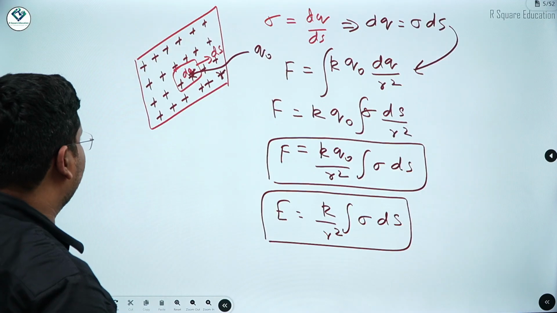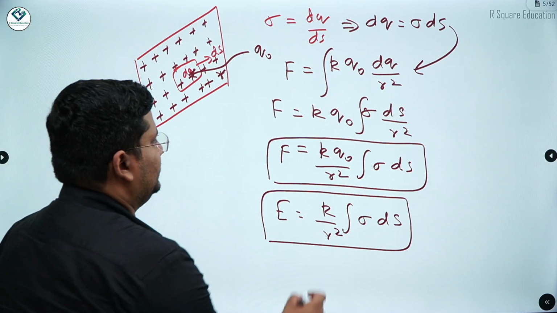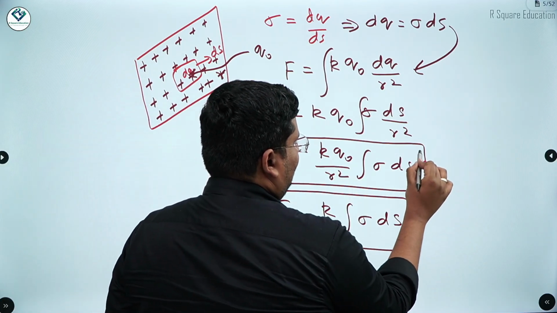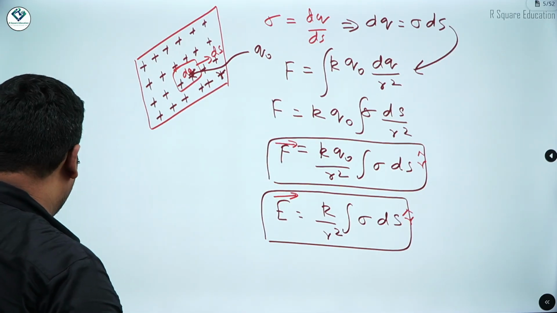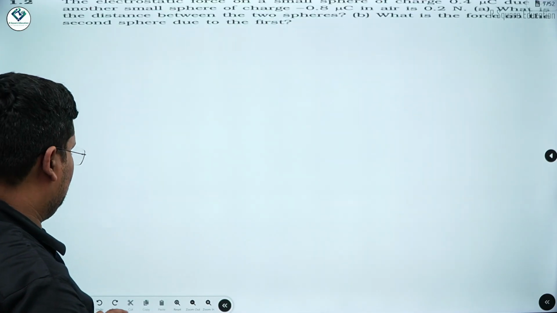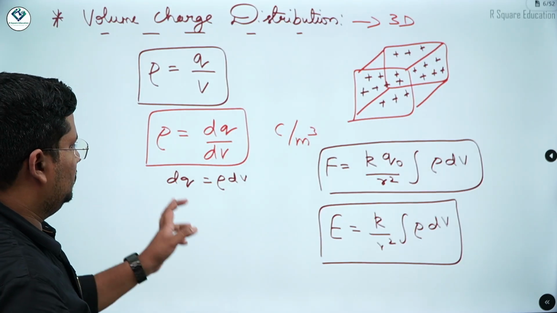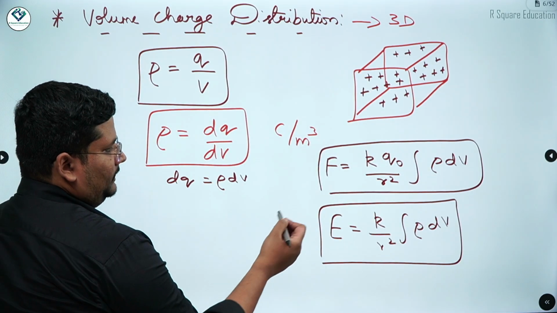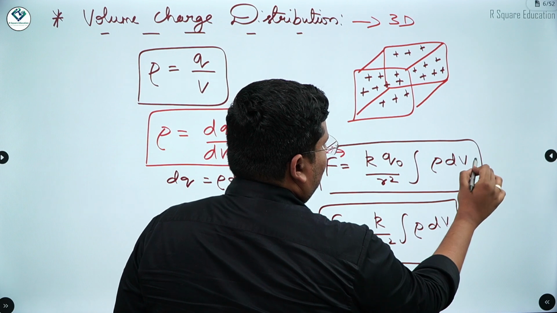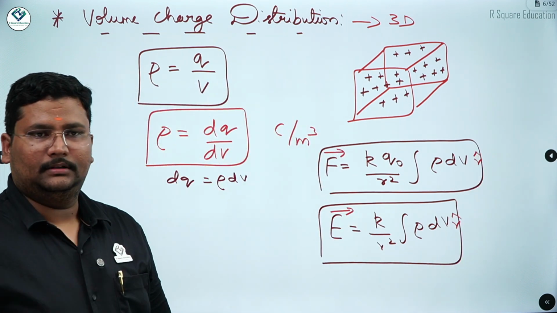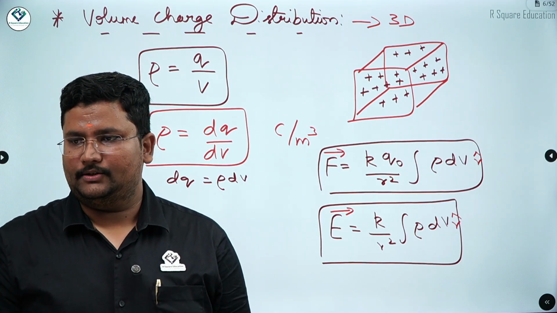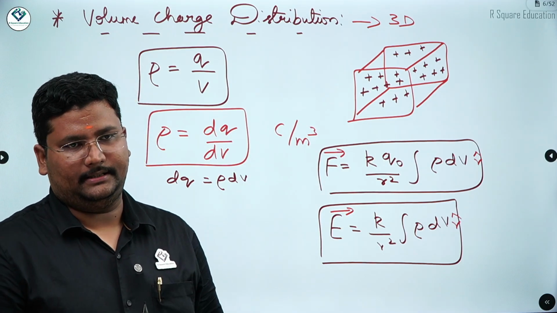Likewise for the surface and volume charge densities, it's going to be again F vector, r cap, E vector, r cap. Is it clear? Right? So this is all about continuous charge distribution.